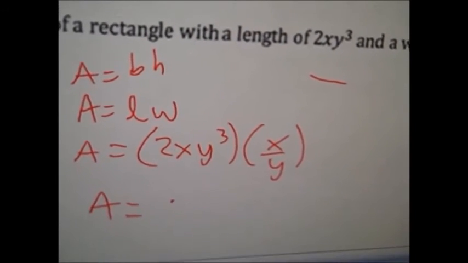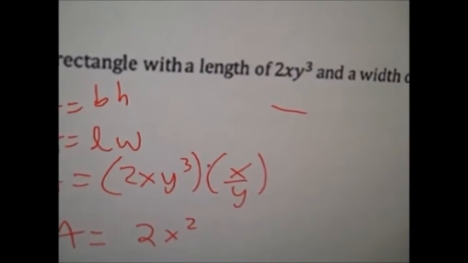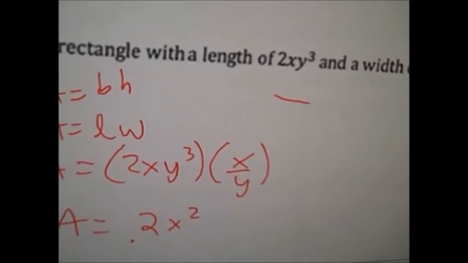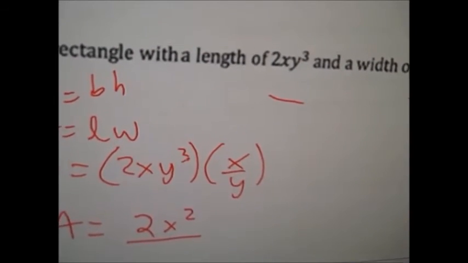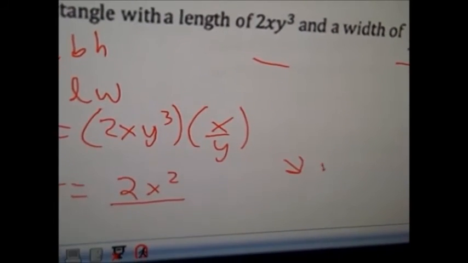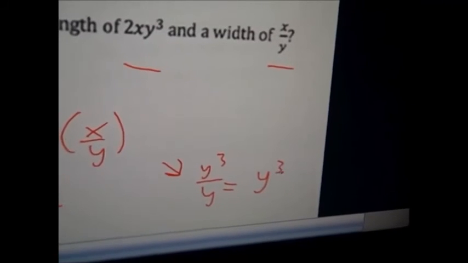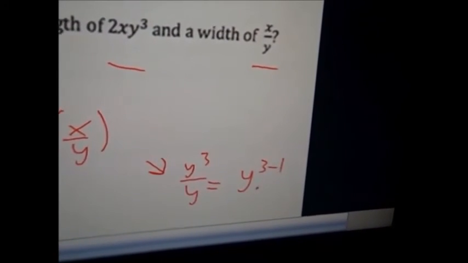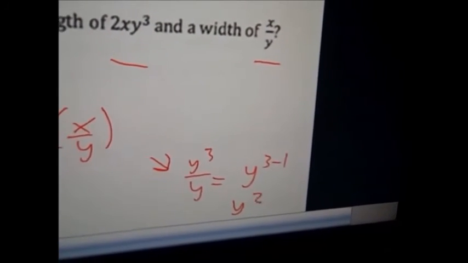Multiply this out, you should have 2x squared, because I have one x here and another x here, a total of 2 x's. Multiplied together, which is x squared. And you have y cubed over y. Y cubed over y is the same thing as y to the third minus 1, and that will be y squared.